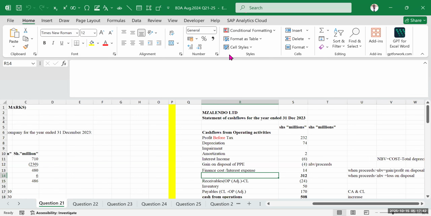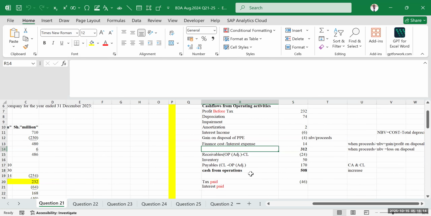Now, the reason why I did not type it in is because you must not write everything. No one will penalize you if you do not type any such title or subtotal because it is not necessary. But if you have time to make your statement look more complete, go ahead and type cash flow before adjustment for working capital.